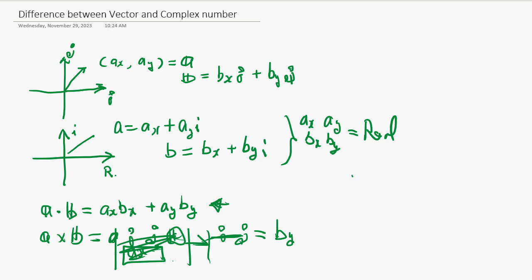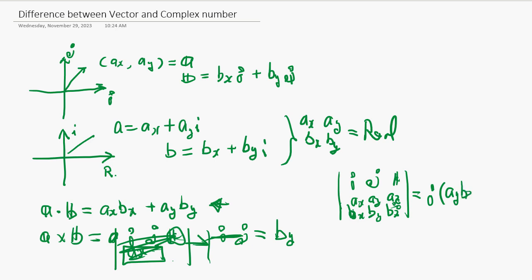Let's do this: i, j, k, ax, ay, az, which is 0, and bx, by, bz, and i is going to be ay bz minus, so i is going to be 0.